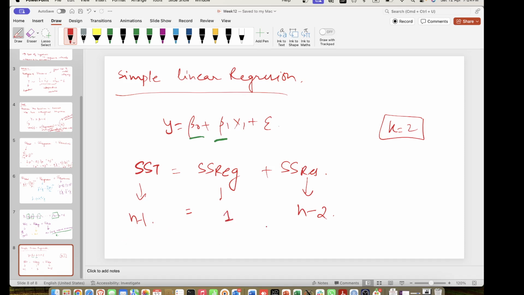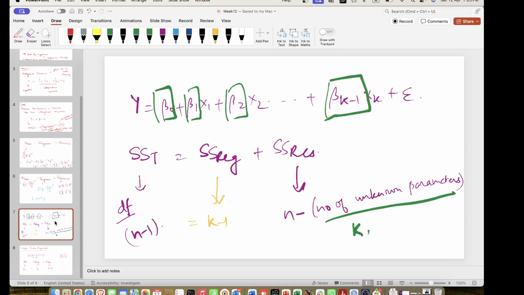And you see the right hand side df adds up to n minus 1. Okay, so this is how you are going to partition the total sum of squares into two orthogonal components, and this is how their df's are going to look.